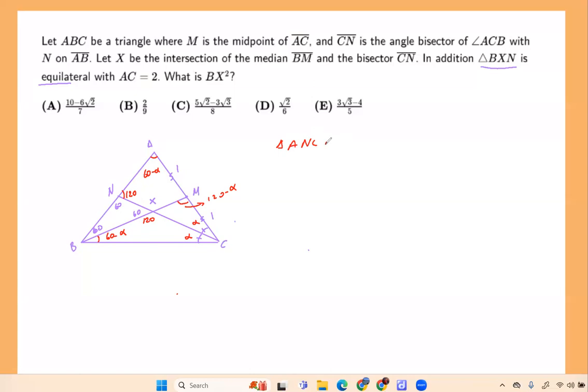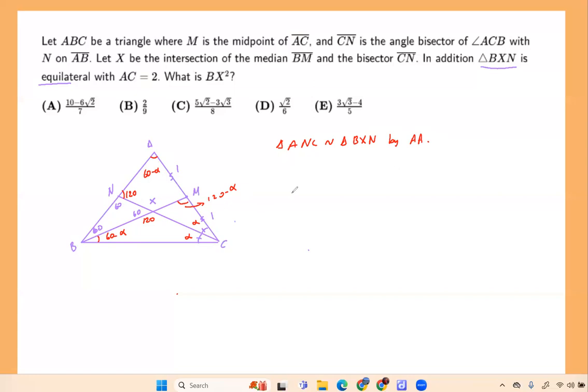So which is why we can say this triangle, the A was 60 minus alpha. So in this triangle, like I just showed right here, the B has the same alpha. The N was 120, which is going to be X in our second triangle, and C. So these two triangles are similar by angle, basically, right?